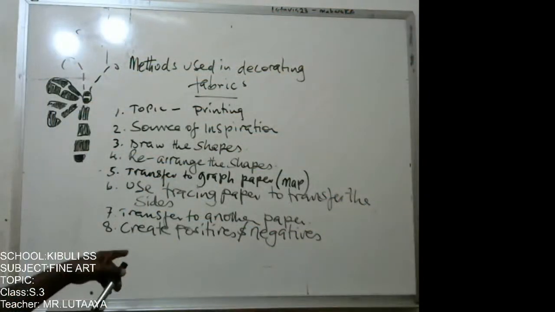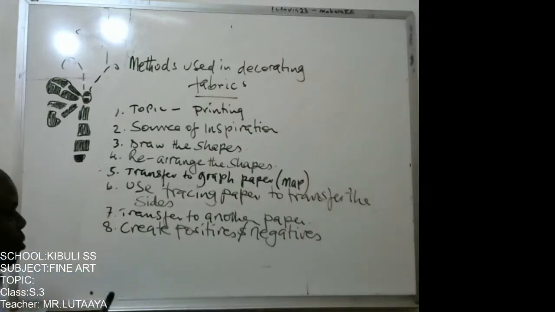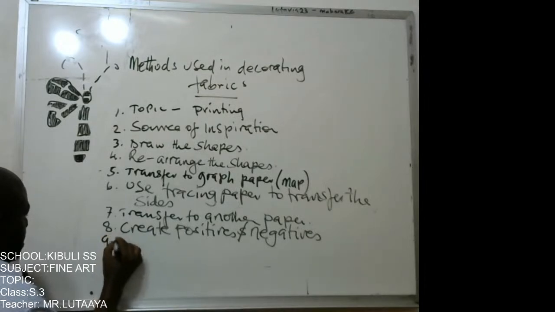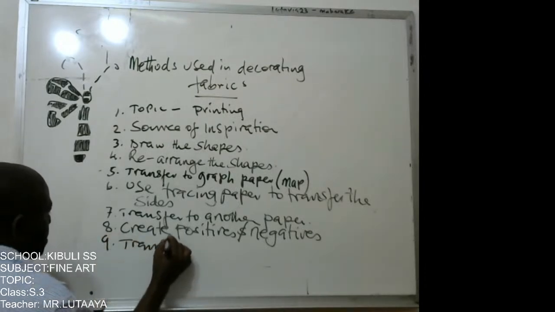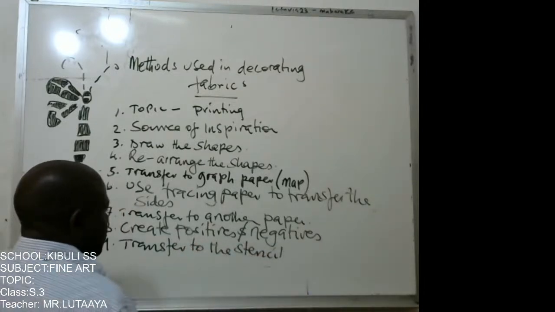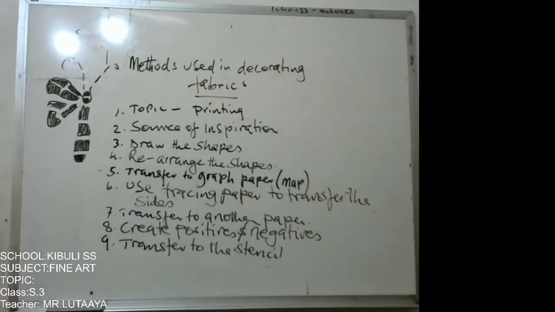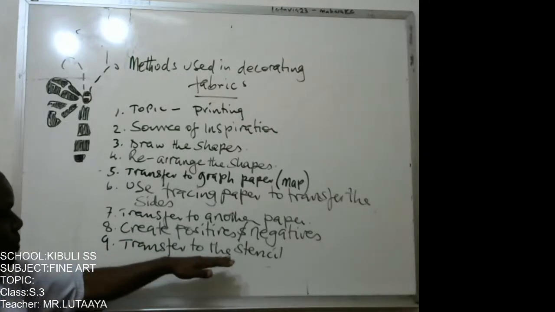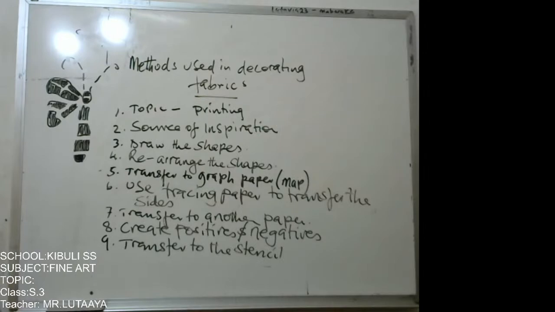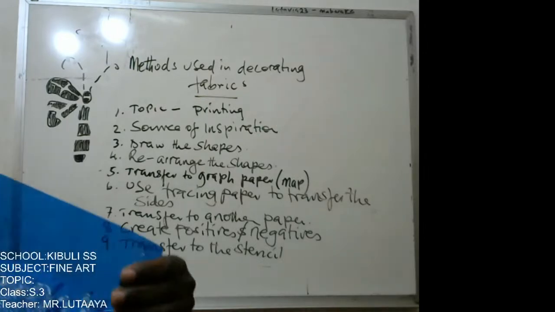So after creating positives and negatives, you can now transfer to the stencil. Transfer the design to the stencil. If you are to use stencil, then it comes out to look like this. As you can see, the negatives and the positives.